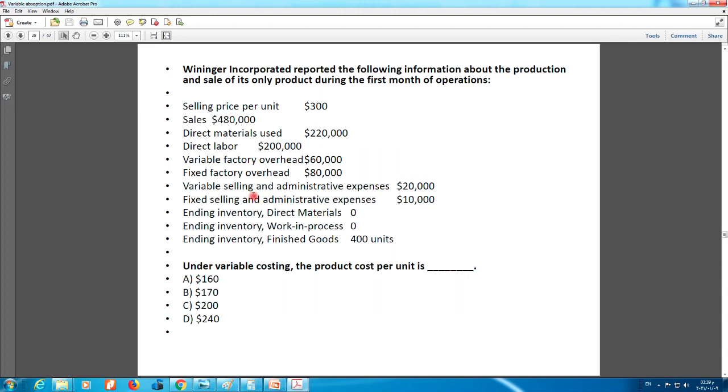Another simple numerical example. Under variable costing, the product cost per unit is variable manufacturing cost: direct material used, direct labor, variable overhead.